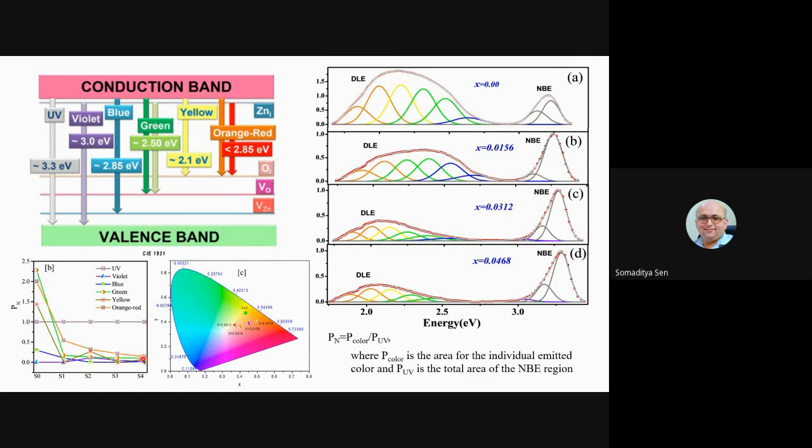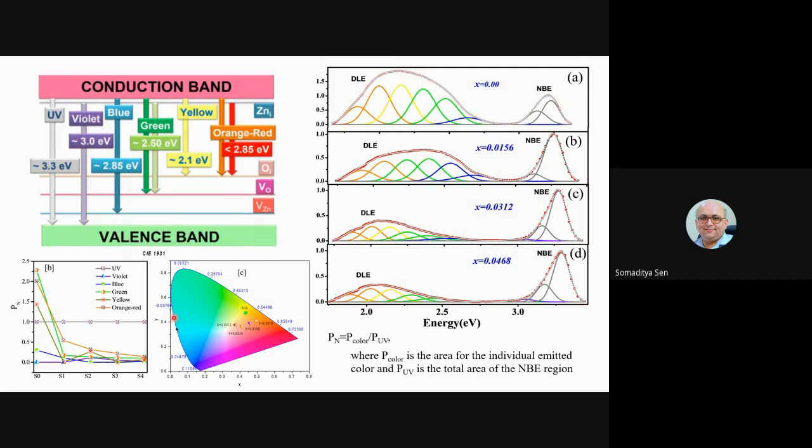So by substitution of some dopant, you can reduce the defect states. Similarly, there are examples where you can increase the defect states, depending on the functionality that you want to achieve, and you can dope your materials that way.